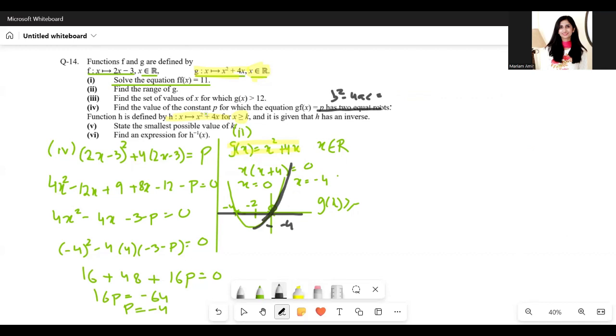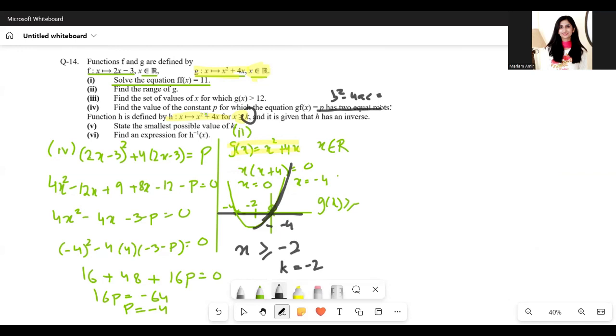So h inverse is only possible when you start the graph from greater than or equal to minus 2. And this should be the value of k. k should be equal to minus 2. Did they ask for the value of k? Find the smallest possible value of k. Yes, it's going to be minus 2.